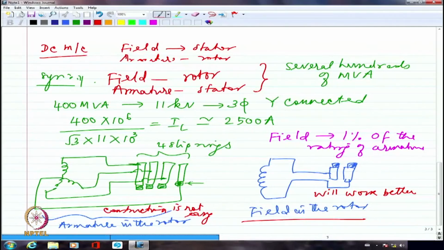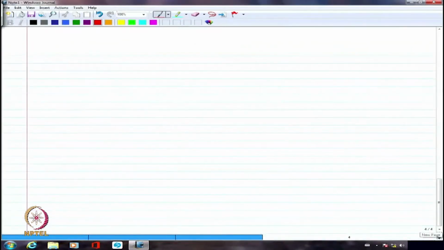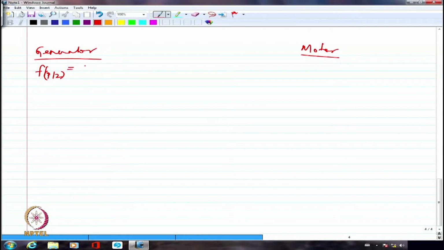Now that we have at least seen the construction basically, let me try to look at this operation as a generator and as a motor. We said that F divided by P by 2 is going to be the revolutions per second.